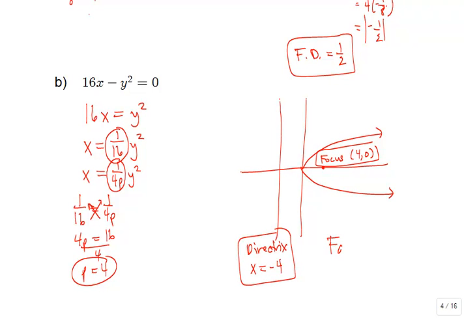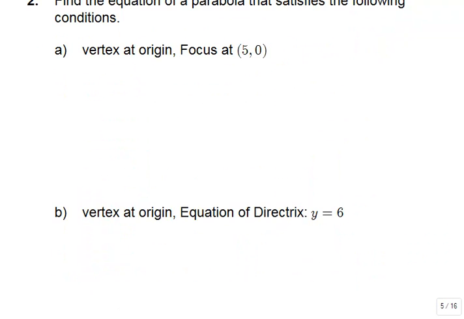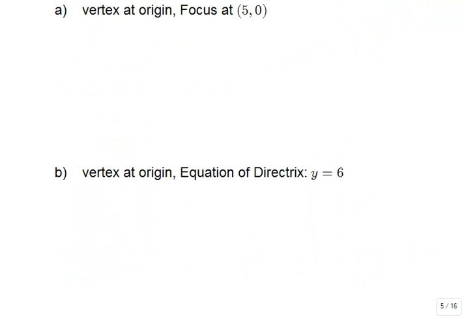And then finally, our focal diameter is just 4 times p, so 4 times 4 makes it 16. Okay, next example.